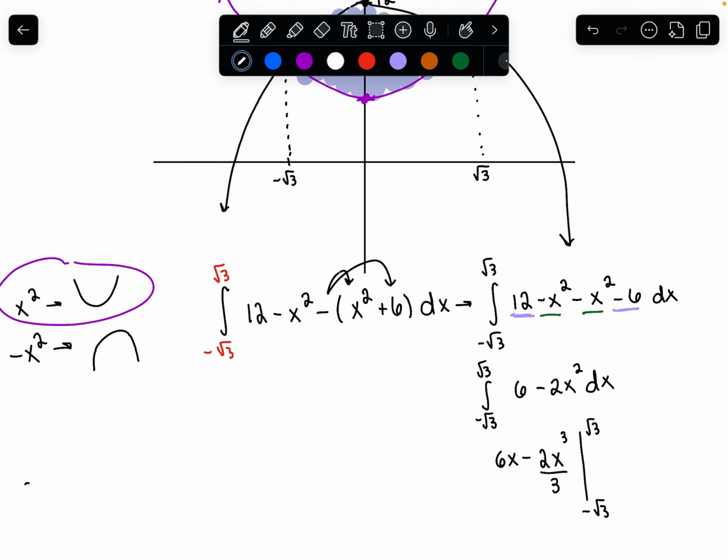All right, so that means we need to do 6 root 3 minus 2/3 root 3 cubed divided by 3, same thing as multiply by 1/3. Okay, minus 6 negative root 3 minus 2/3. Oh, no, that's negative.